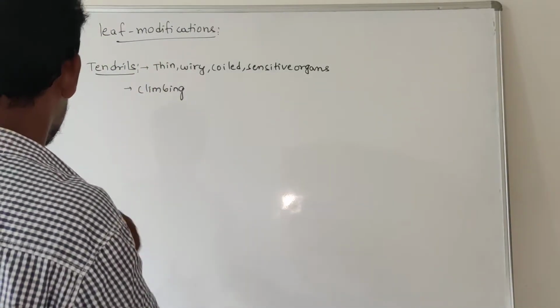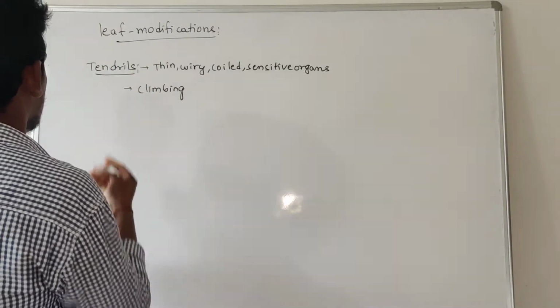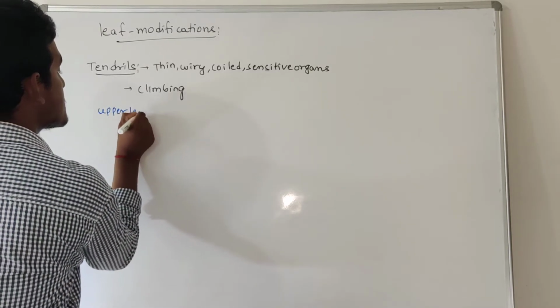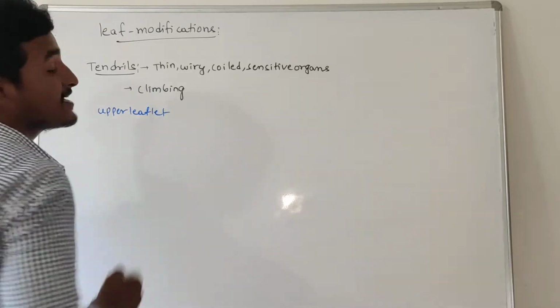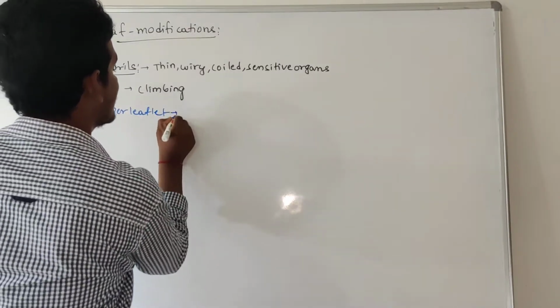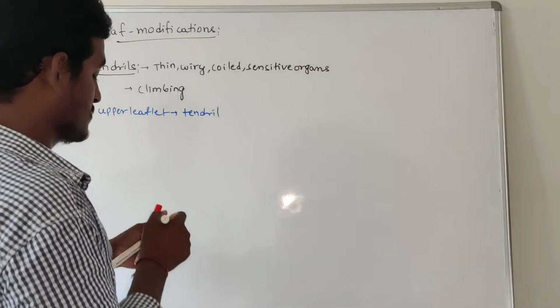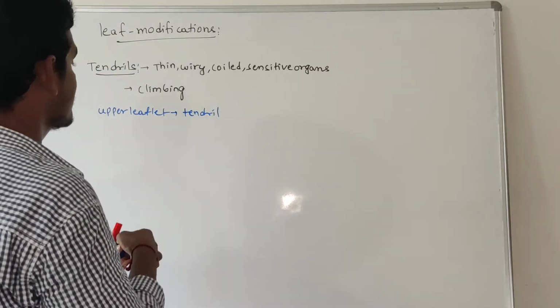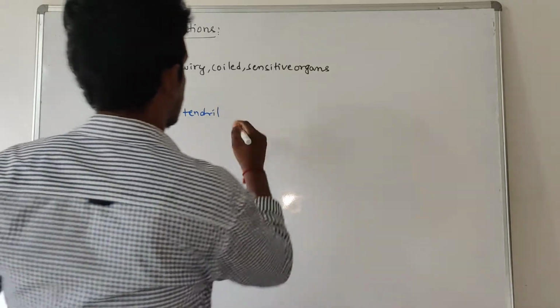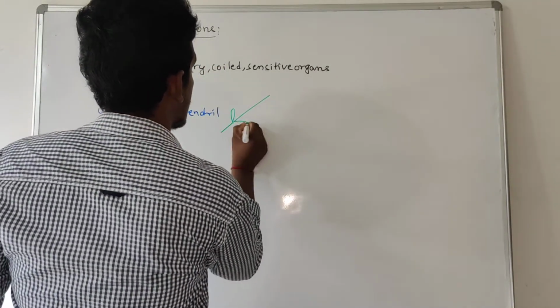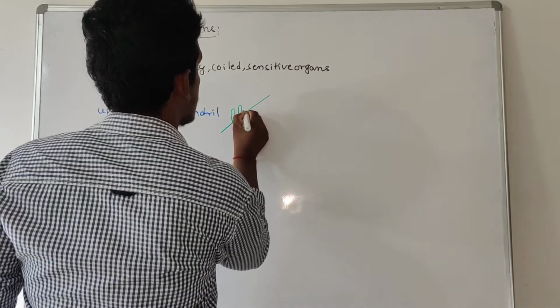In some plants, the upper leaflet may be modified into a tendril. See in the pisum plant, these are the leaflets.